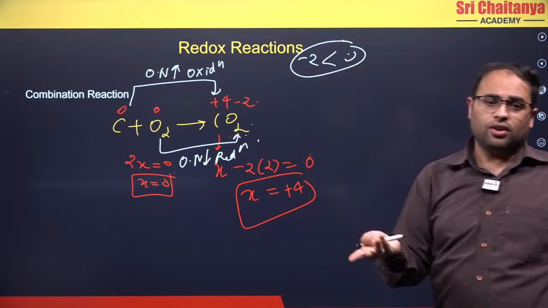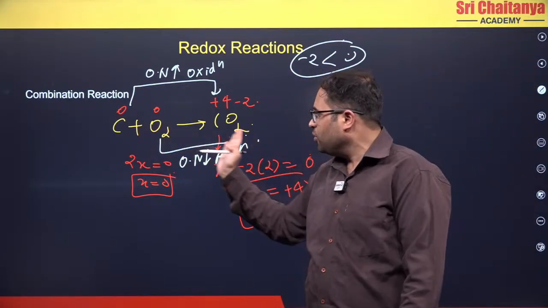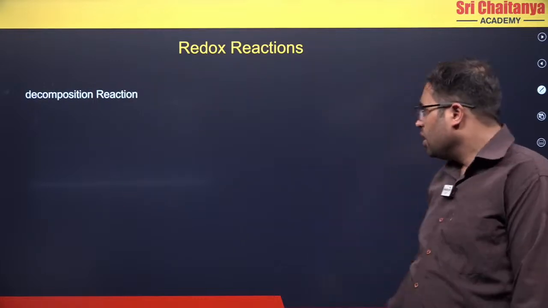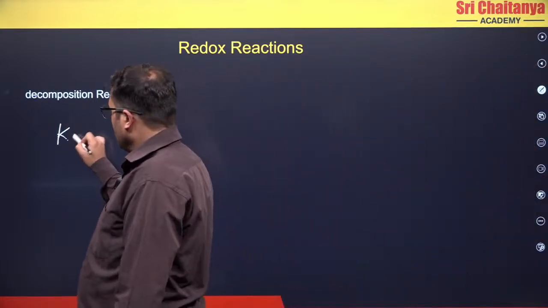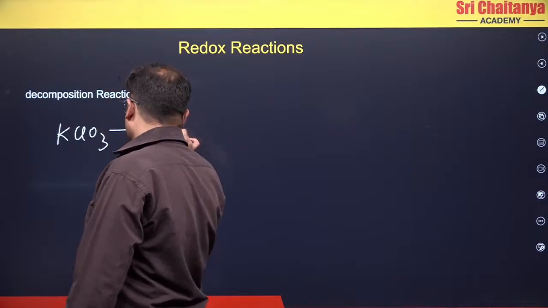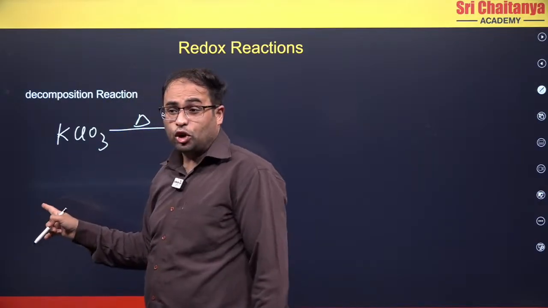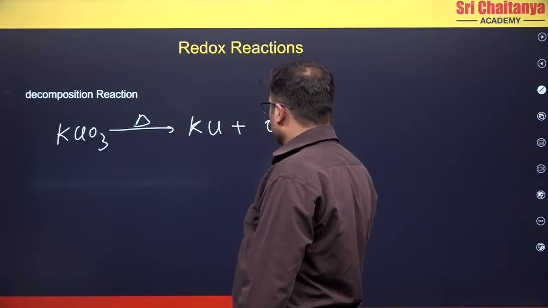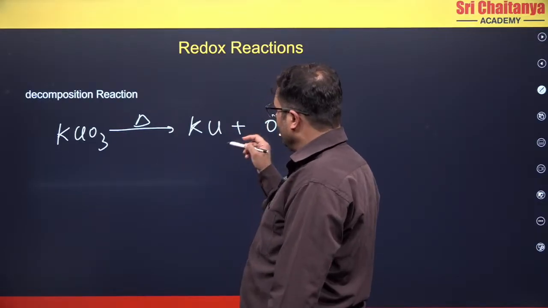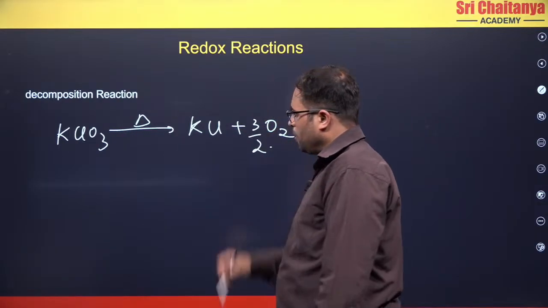This is a combination reaction, meaning two things are combining to give you a single thing. Decomposition reaction. KClO3. If you heat, this is potassium chlorate. If you heat, you will get KCl plus oxygen. If you balance this out, 3/2.